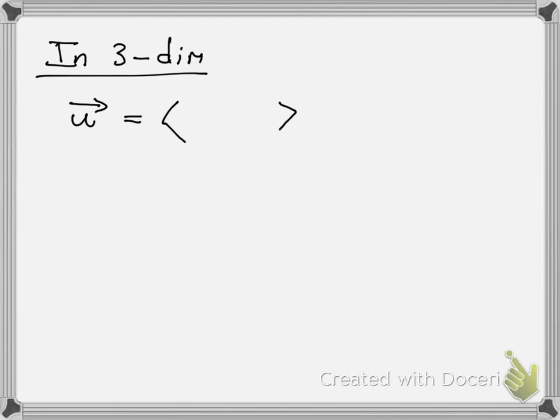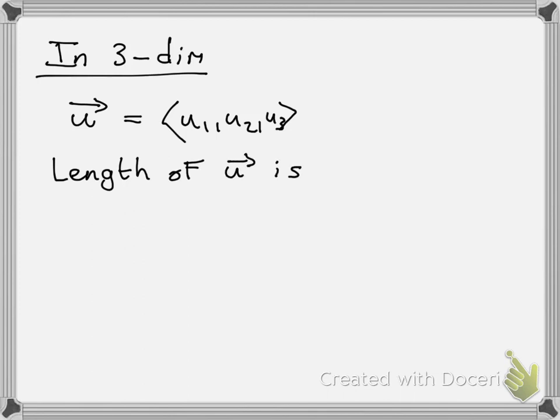Because we are in 3-dimensional space, the vector has 3 components: u1, u2, and u3. Then the length or magnitude of the vector u is given by the following formula: the square root of u1 squared plus u2 squared plus u3 squared. That will be the magnitude of the vector u.